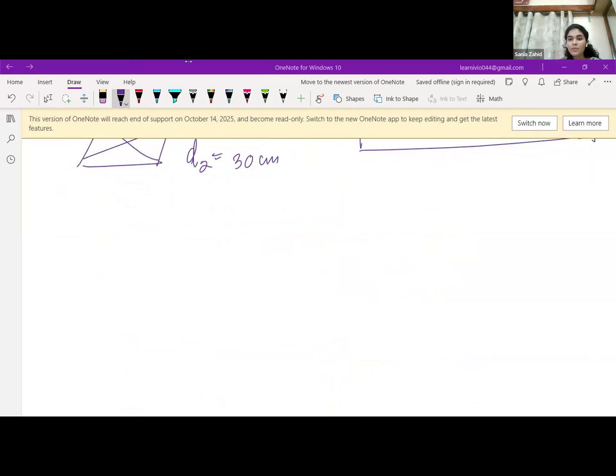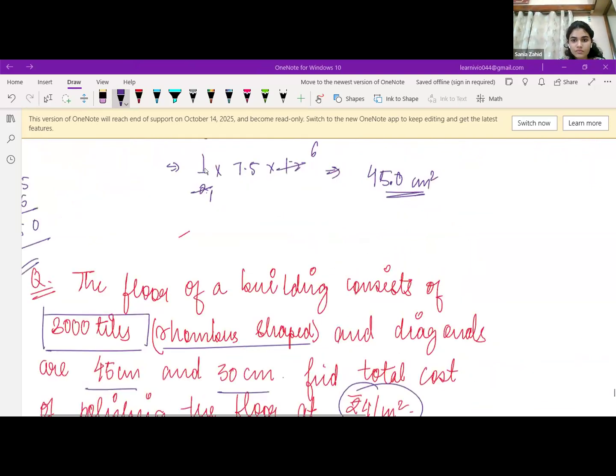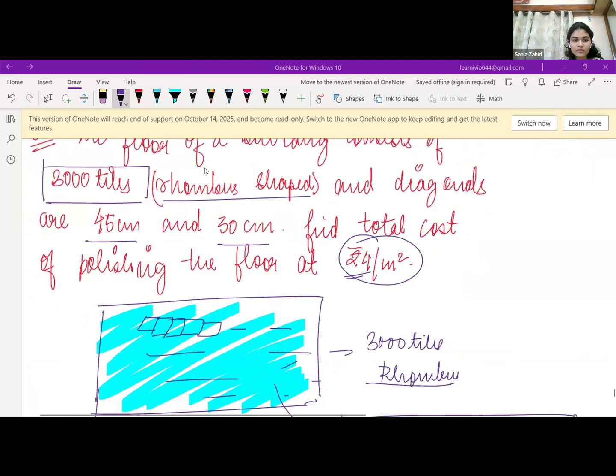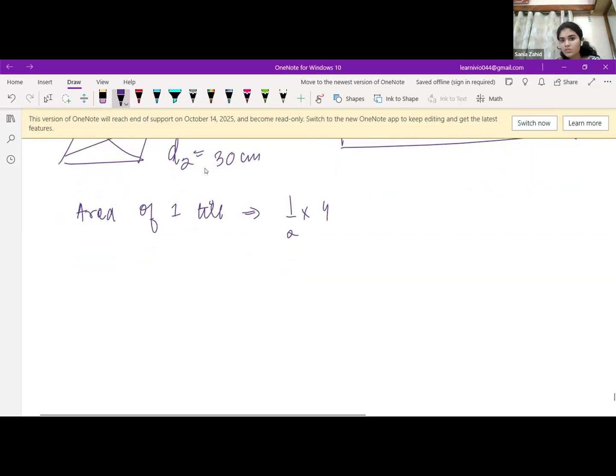So first of all, children, you find the area of tile. Half into 45 into 30.